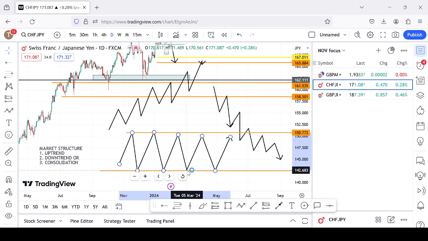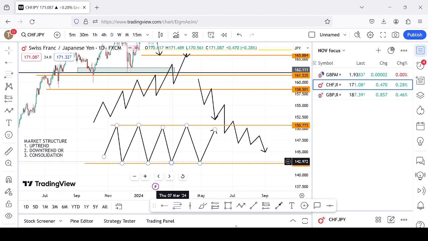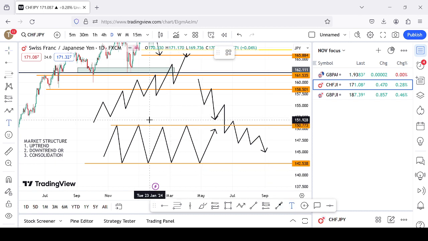You mark your zone very well. For example, in this case, we have these two zones, the support and resistance zone. This is a resistance zone, and here I have a support zone.